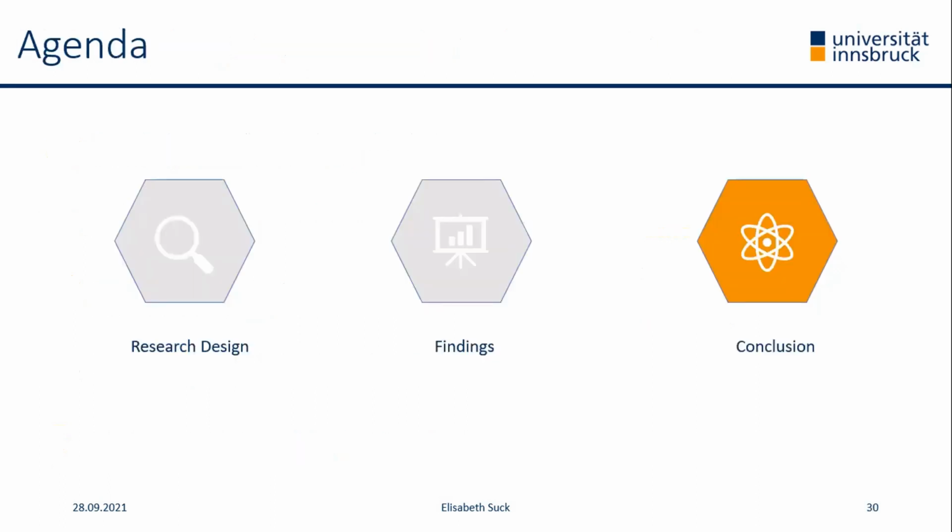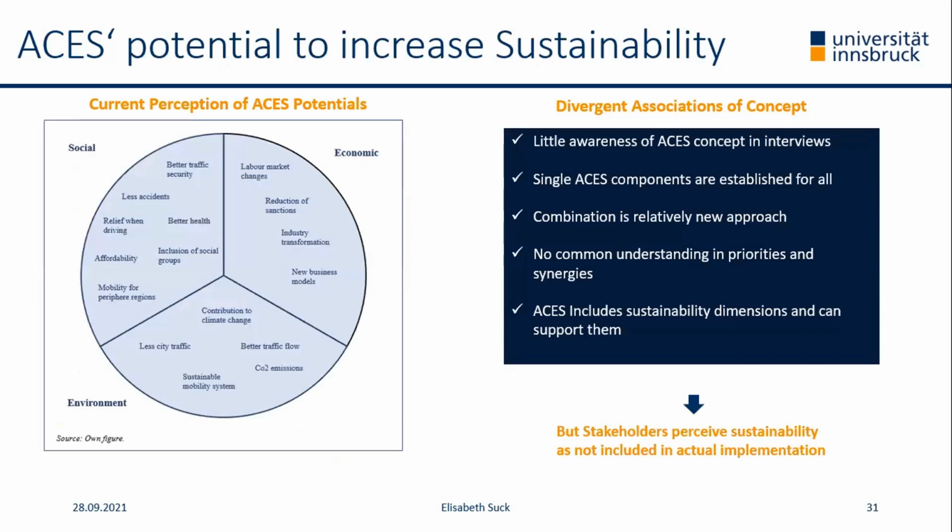So now, for the conclusion, I come back to the sustainability aspect of the research question. I also try to evaluate how ACES potential is to increase sustainability. On the left side, you see the current perception of ACES built on the 3 dimensions: social, economic, and ecological factors.